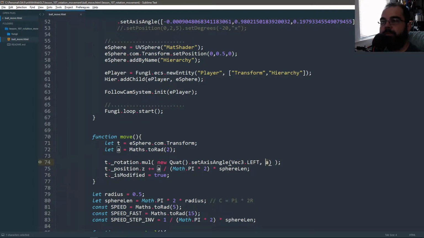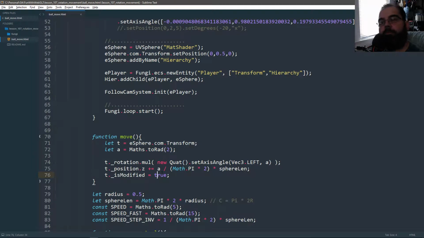We're going to multiply the current rotation by this. Since we know the angle, we want angle divided by 360, which gives you a value between 0 and 1.